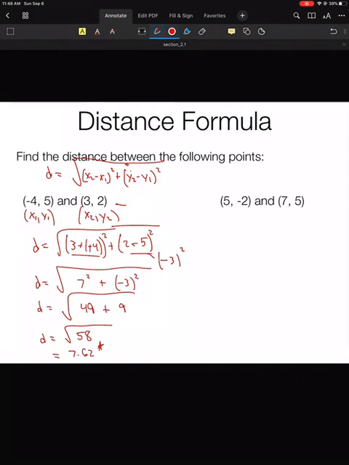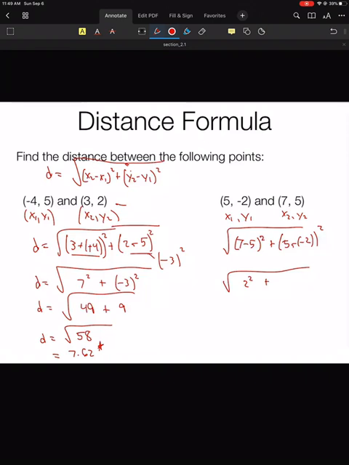Okay. So I'll go quickly through explaining a little less formally about this right one. So again, I label x1, y1, x2, y2. Get the square root of 7 minus 5 squared plus 5 minus negative 2 squared.